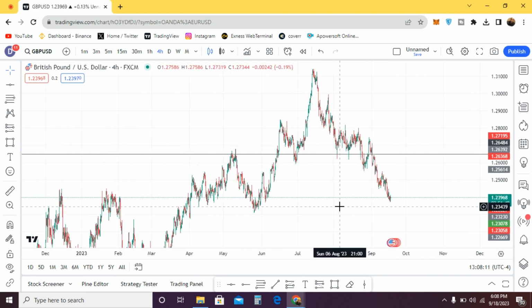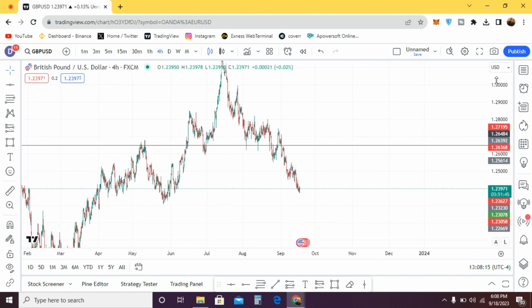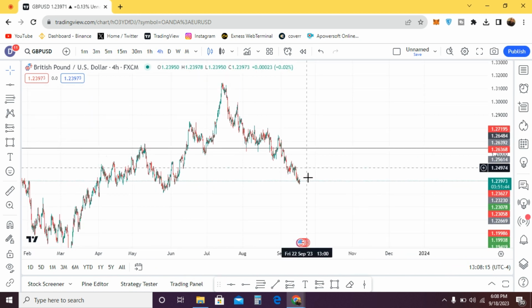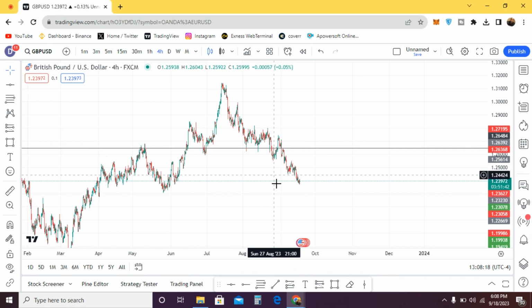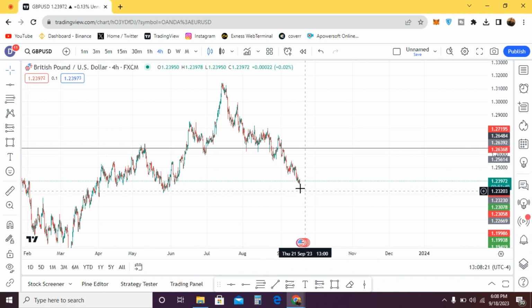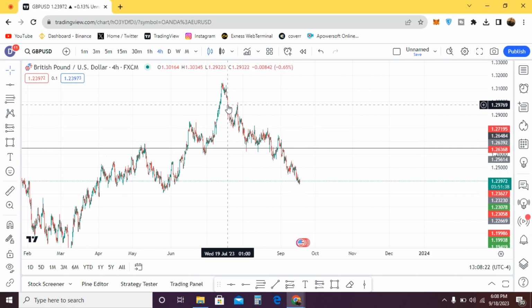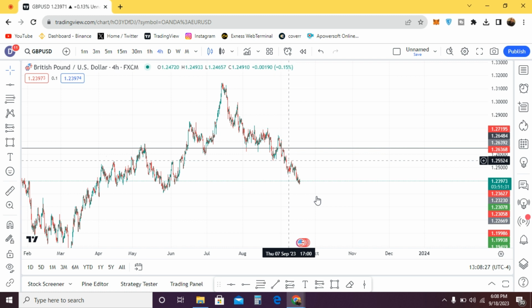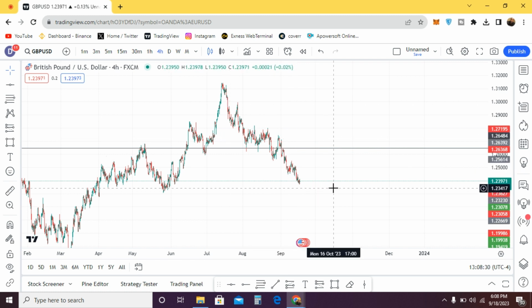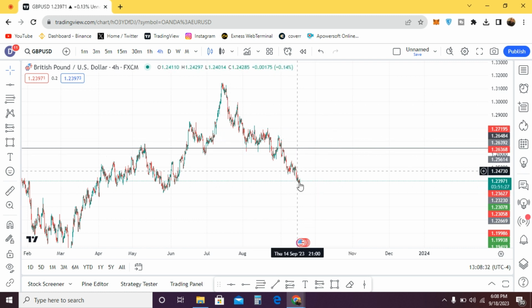I always advise my students that once you open the chart and want to start your analysis, start from way back. Observe how the flow of the market has been going so that you flow alongside it. Because if you start your analysis from this part, you are likely to make a mistake.